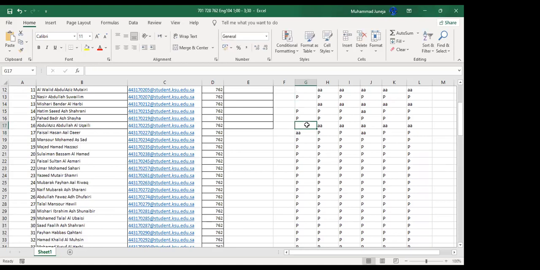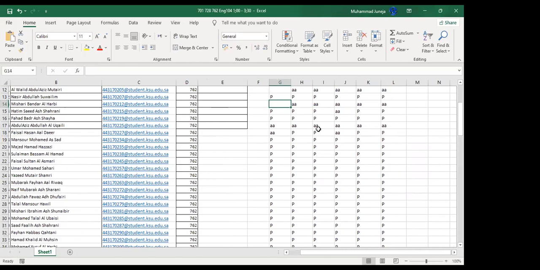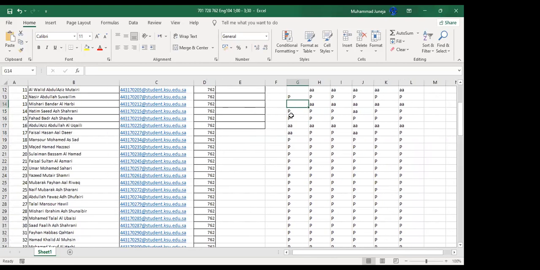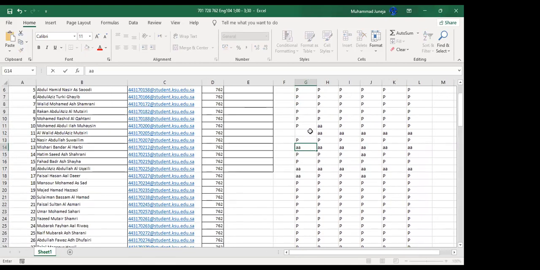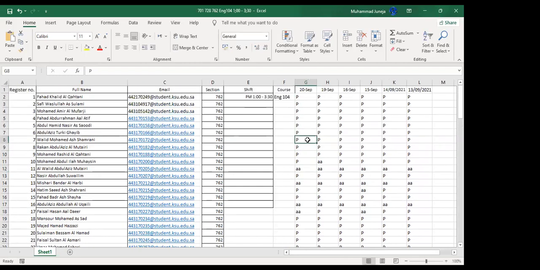Abdul Aziz. Mishari, 13. Mishari. Al-Walid, 11. No. Okay, that's it. Everyone else is present.